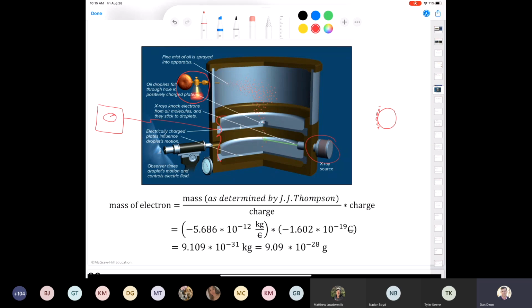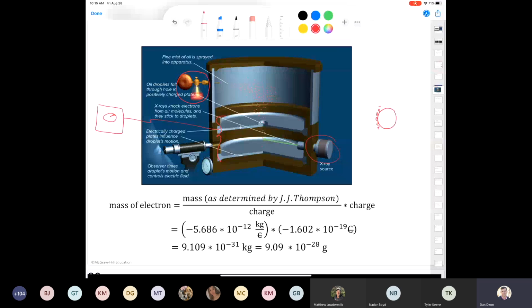And he could crank that up so that the oil droplet coated in electrons would be attracted to the positively charged plate, okay? And then using some math, it's actually not that sophisticated, but I'm going to skip over it, he was able to determine what the overall charge of the oil droplet was.